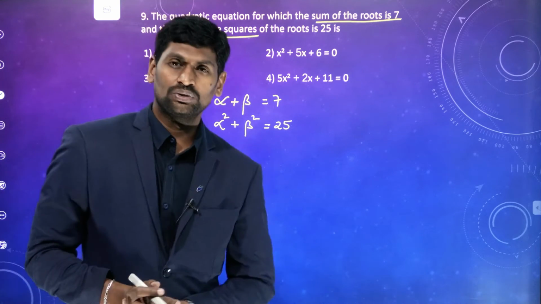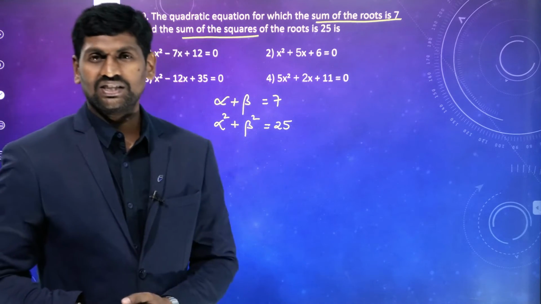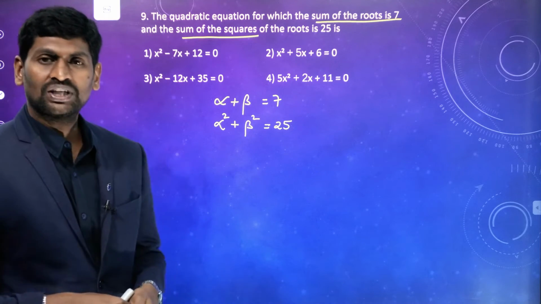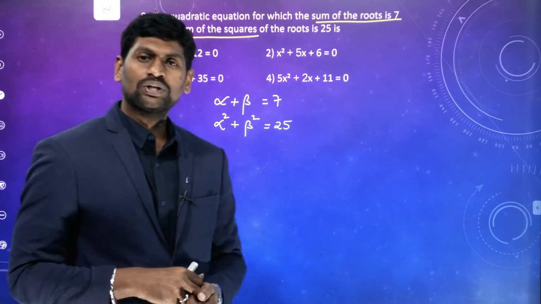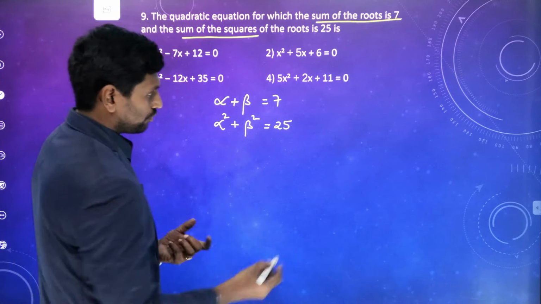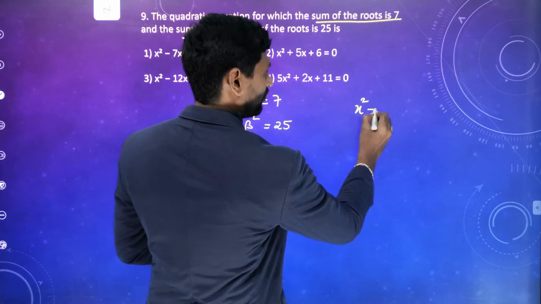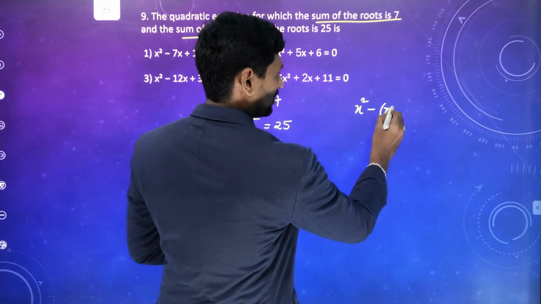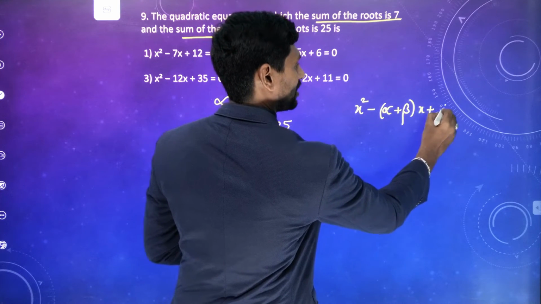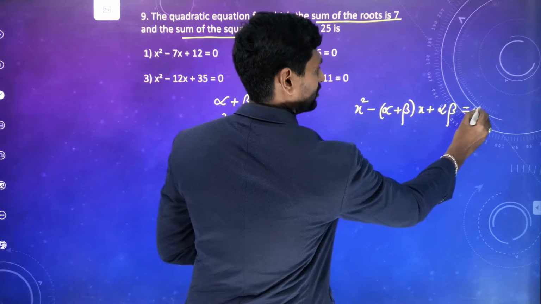So according to our previous discussions, if you know the roots of the quadratic equation, we have one form, that is x square minus alpha plus beta into x plus alpha beta equals 0. To find a quadratic equation, we use this formula.